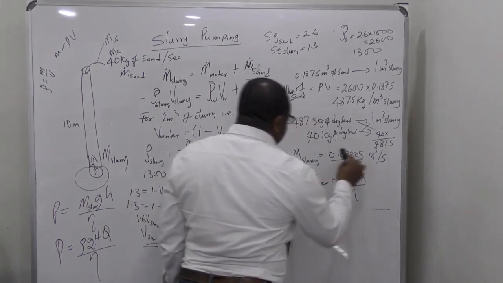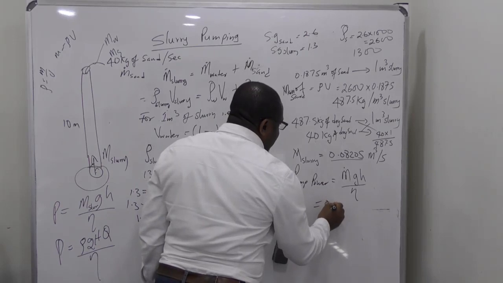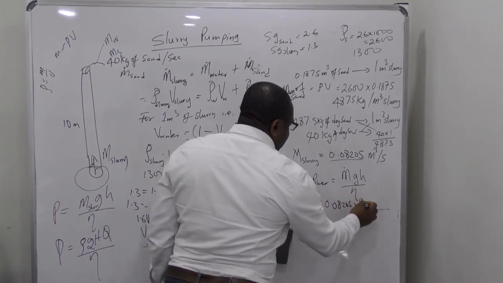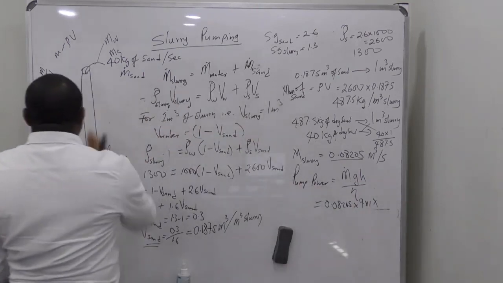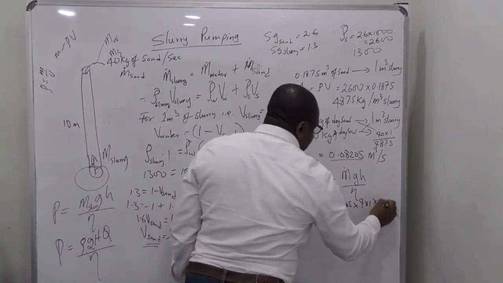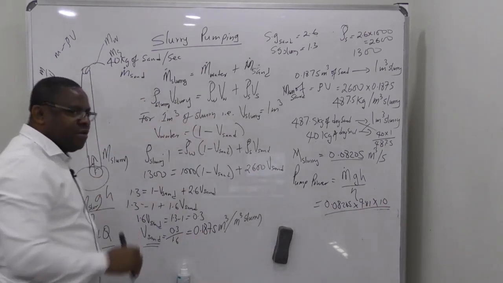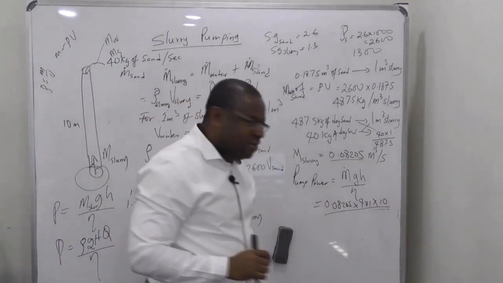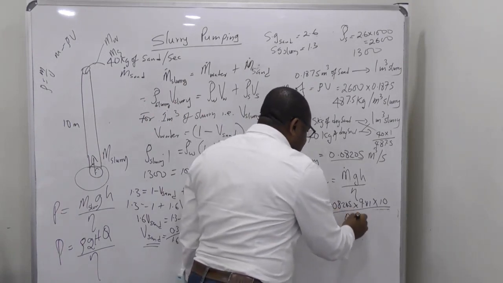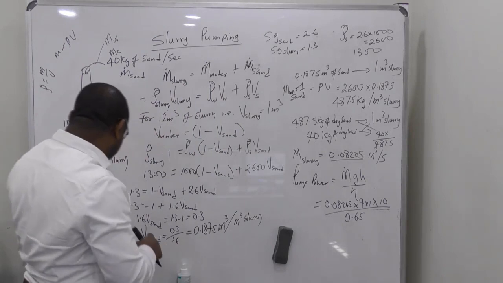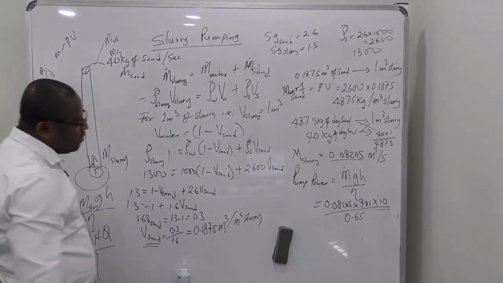M is already given to us as 0.08205 times 9.81 times the height that you are pumping, divided by the efficiency of the pump, which is given to us as 0.65. This is if you want to use this method to solve.